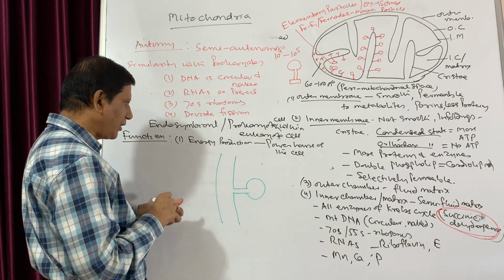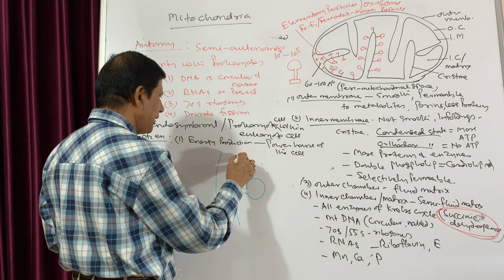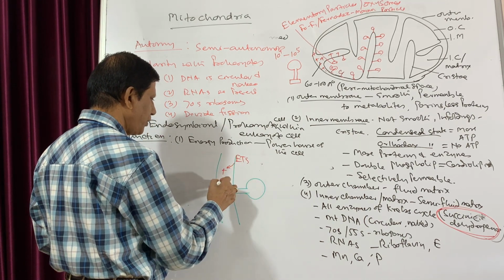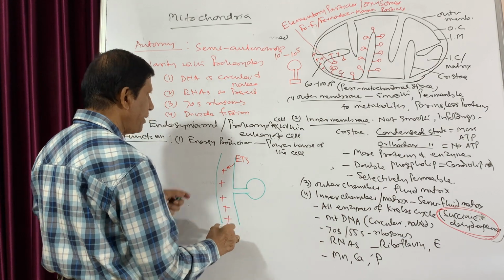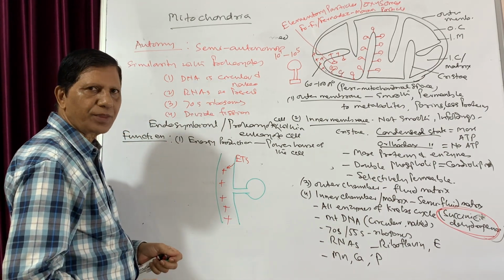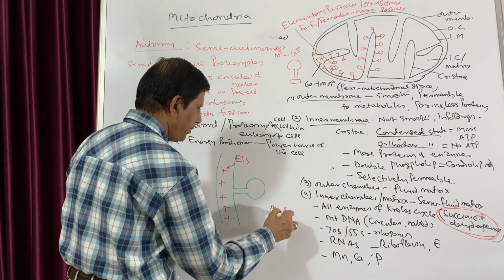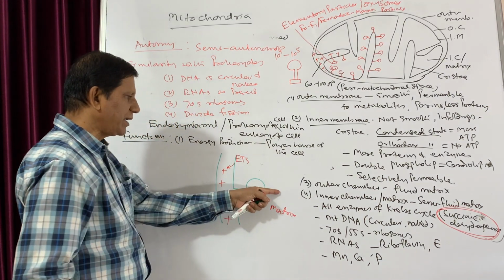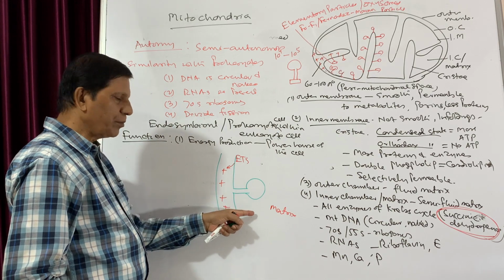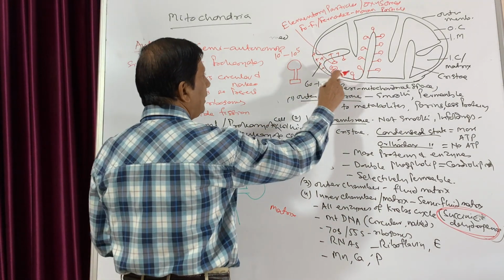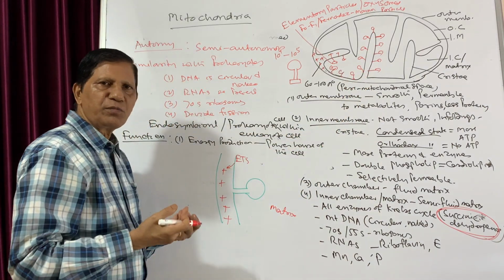So when the electron transport system takes place here, it will push protons to the perimitochondrial space. And this is the inner matrix, where there will be a decrease in proton gradient, and in the outer chamber there will be an increase in proton gradient.